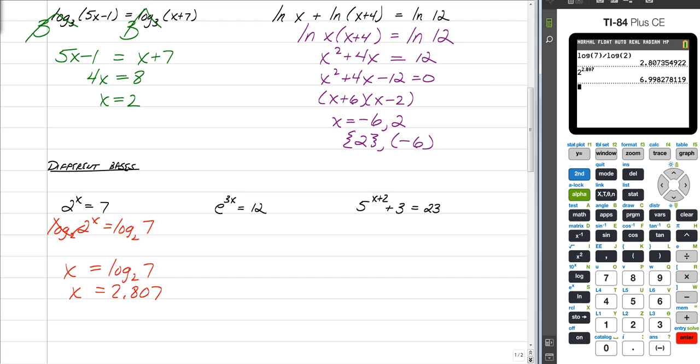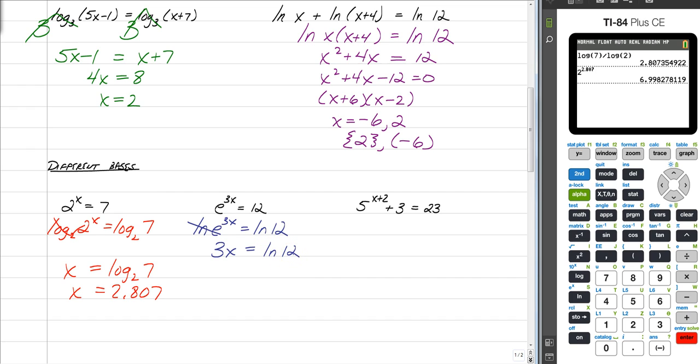The next one, we have e raised to the 3x. So again, we need to get the exponent to not be an exponent anymore. So to get rid of an e, remember the inverse is taking the natural log of both sides. So ln of e cancels, so we have 3x is equal to the natural log of 12.